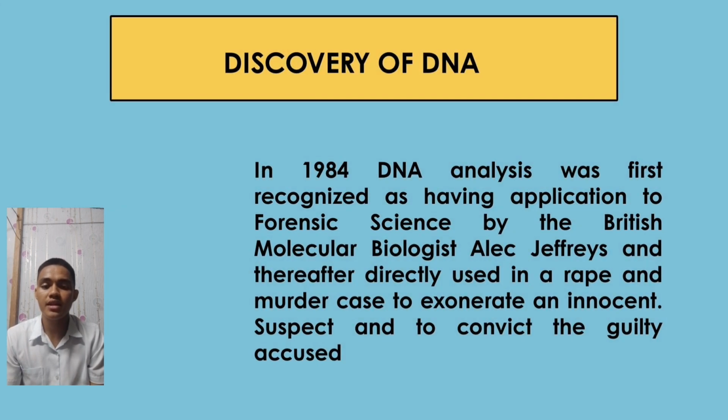In 1984, DNA analysis was first recognized as having application to forensic science by the British molecular biologist Sir Alec Jeffreys. It was thereafter directly used in rape and murder cases to exonerate an innocent suspect and to convict the guilty accused.